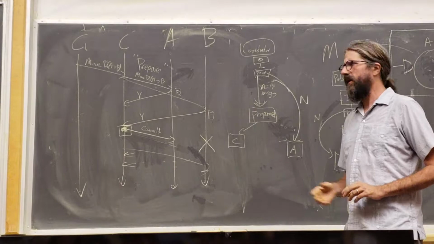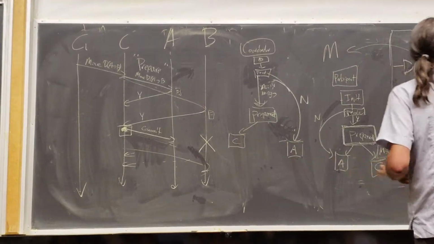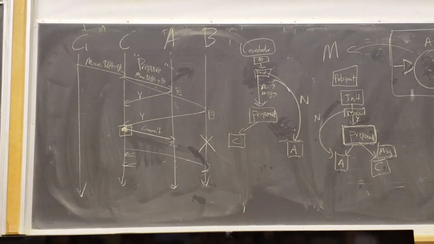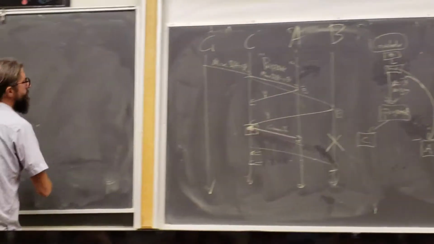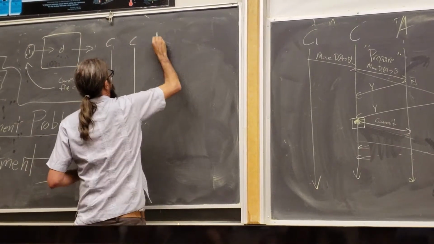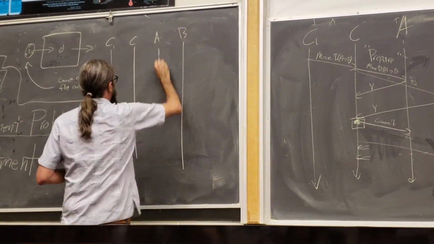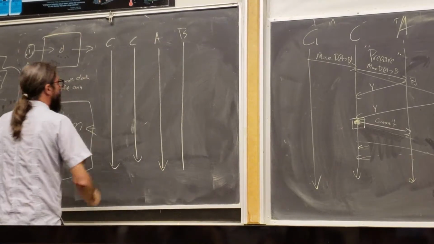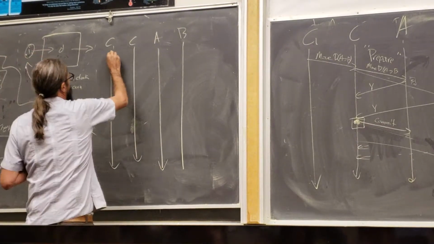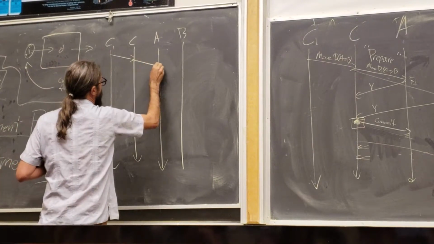Any other questions? Shall I draw a few more pictures of the protocol? So for example, what do you think is the right thing to do in the following scenario?